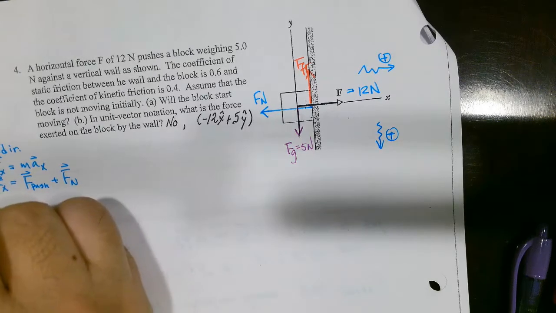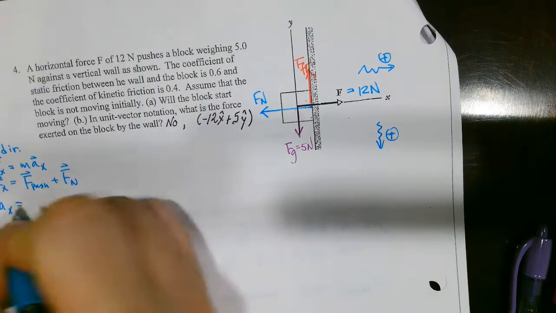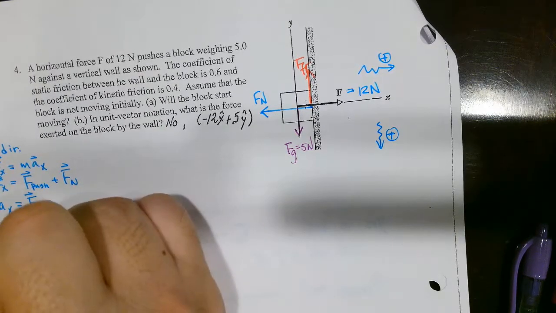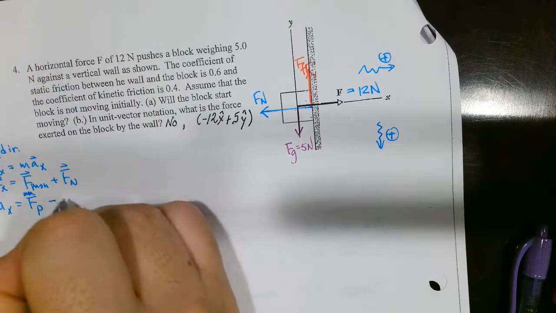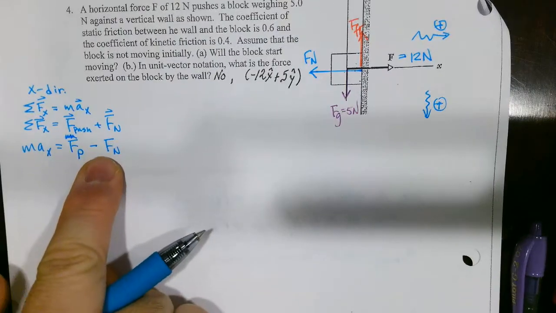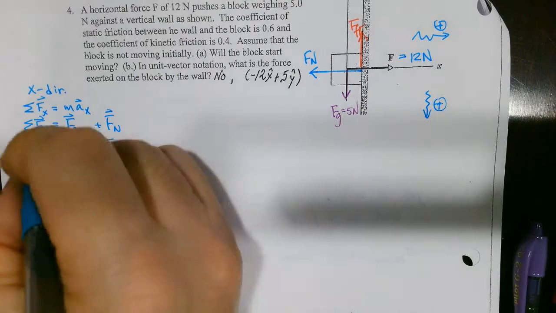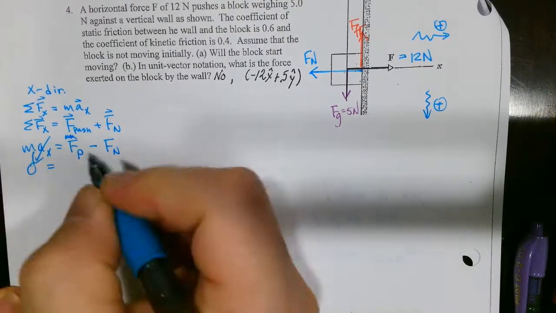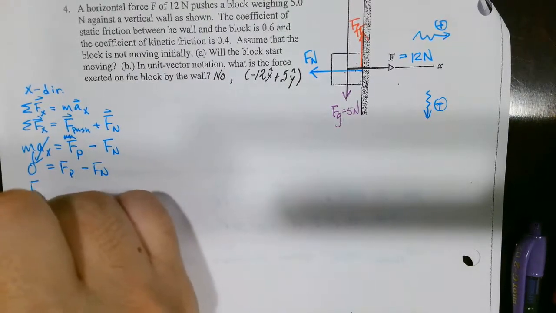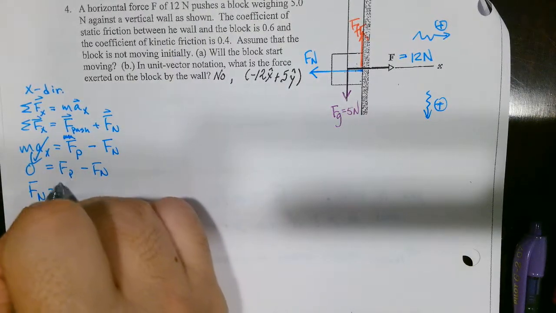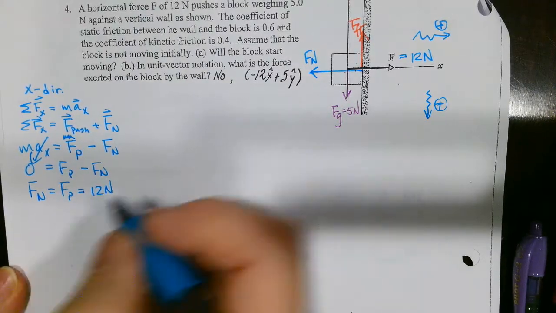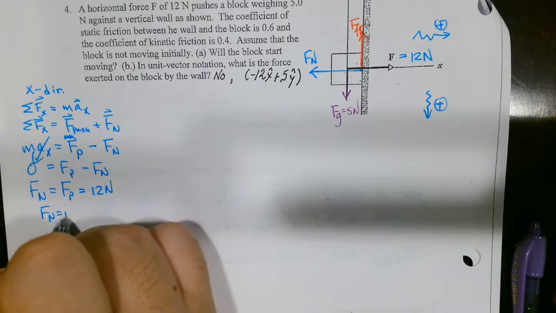So here, max is equal to the force push minus F normal. Because acceleration in the x direction is 0, the force push minus F normal is 0, so my F normal is equal to the force push, which is 12 newtons.